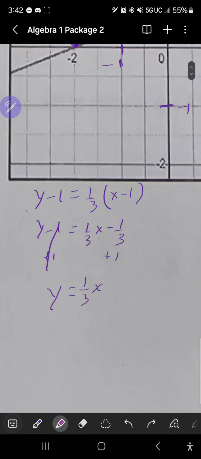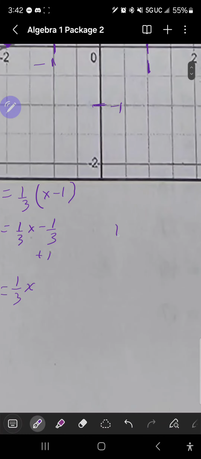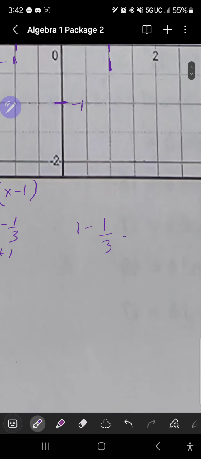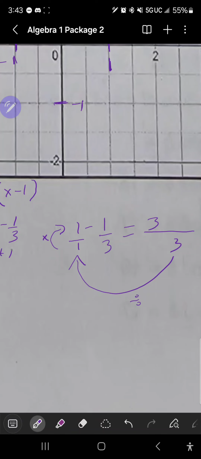So they have different signs, so this is going to be 1 minus 1 over 3. Now we want them to have the same denominator, so I'm going to use 3. Now 3 divided by 1, since 1 is basically 1 over 1, is 3, and 3 multiplied by 1 is 3, so 3.